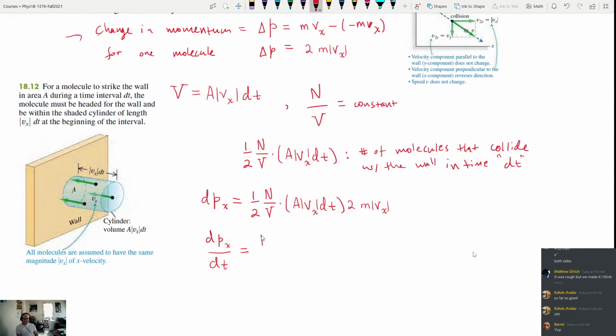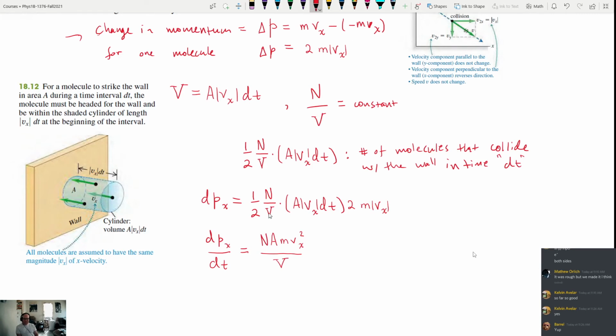So what do we have? We have an N times A times mass times Vx squared. And now I'm going to remove the bars, because if it's squared, it doesn't matter if it's absolute value or not anymore. That's everything in the numerator, and then divided by volume. Let's check.